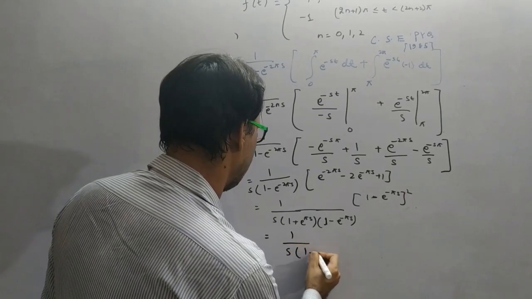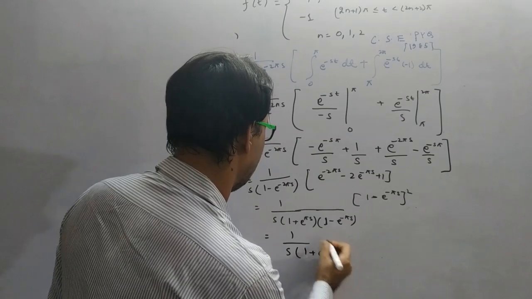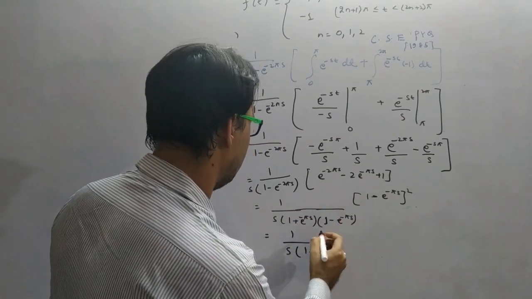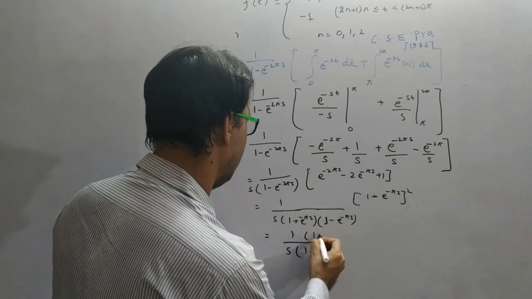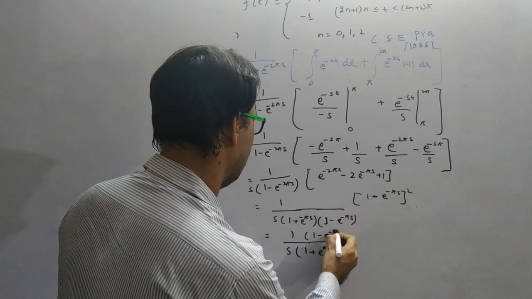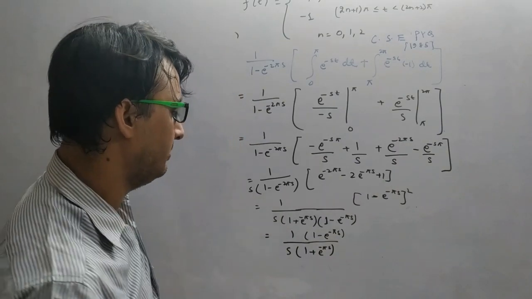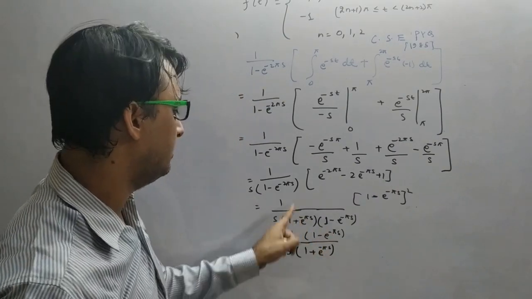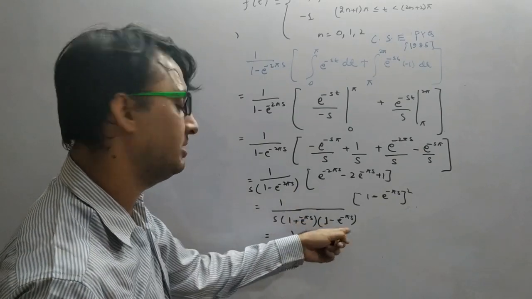And what we get is 1 plus e to the power minus pi s, and 1 minus e to the power minus pi s. Okay, so we have to be very particular about our calculations, because if it is plus 1, then obviously it is 1.